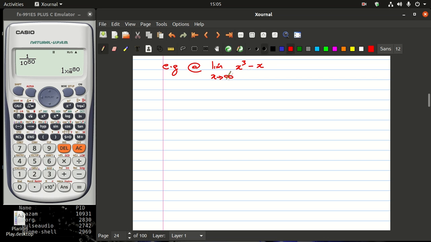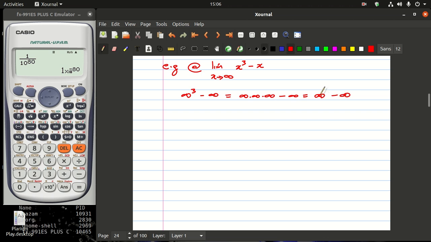If I plug in, I would end up getting infinity cubed minus infinity. This is the same as infinity times infinity times infinity minus infinity. Infinity times infinity is infinity, so I'll end up having infinity minus infinity.